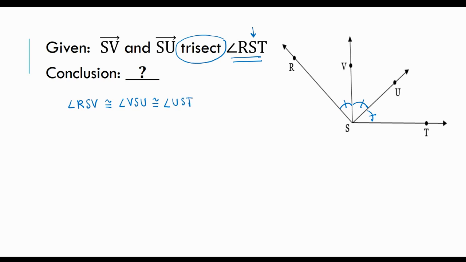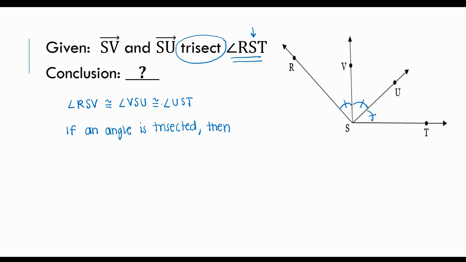And so in this case, we have to come up with a justification. This time we're going to do an if-then sentence. Since trisect was given, that's part of the if. So I have to give a broad statement. If an angle is trisected, because that's what we're starting with, we're talking about an angle being trisected.